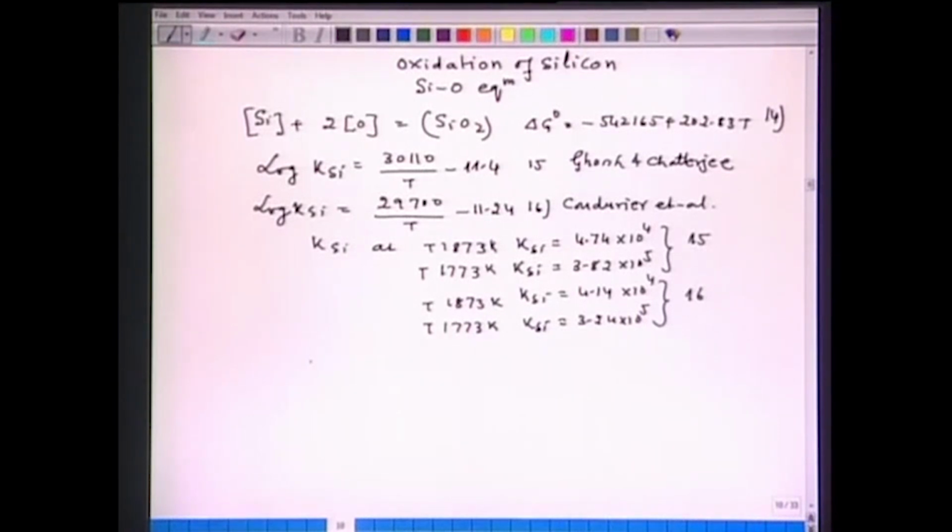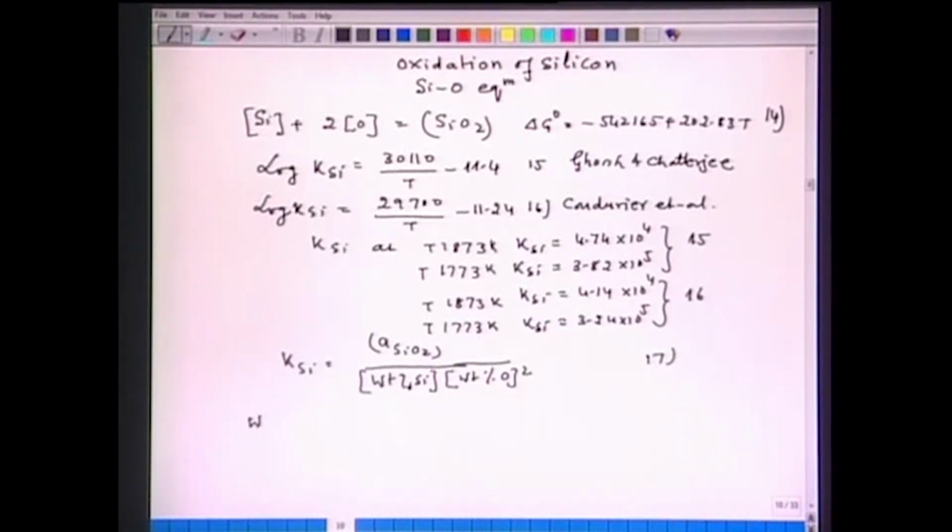Now, if I write down the value of K from equation 14, then I get K silicon equal to activity of SiO2 in slag upon weight percent silicon in metal into weight percent O square, and let us put it as equation 17.